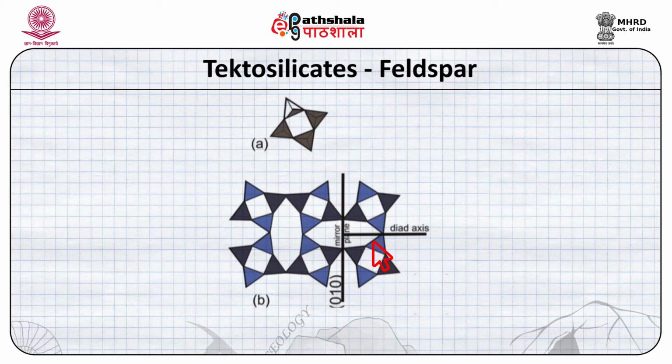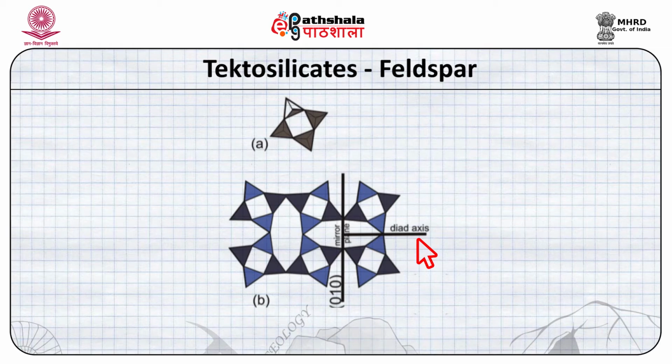Perpendicular to this is the B axis, which represents the two-fold axis symmetry or dyad axis. So, that is along the B axis. Now, this symmetry will hold only if the tetrahedra behave as shown in this diagram.